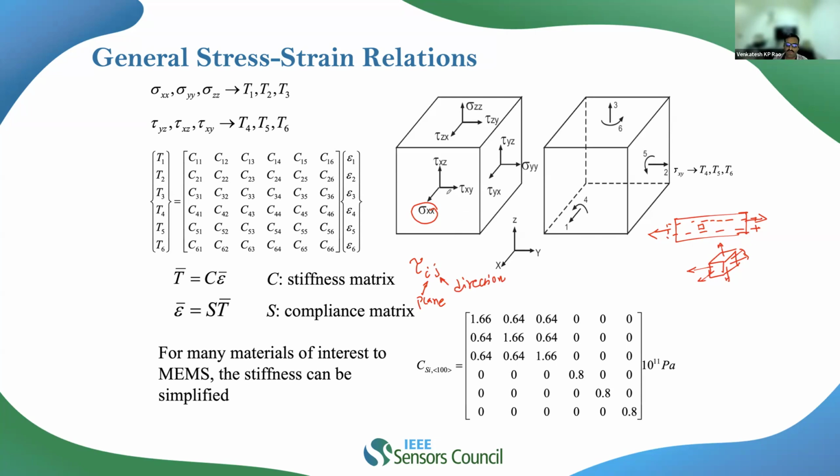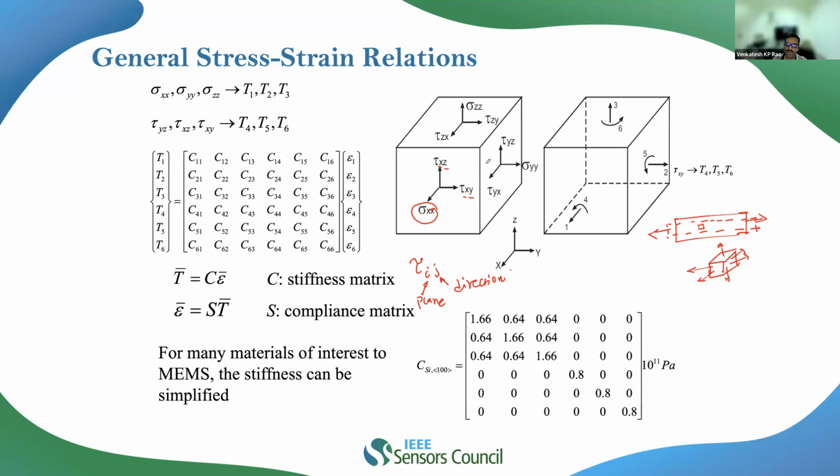For example, if you look at this here, this is my x plane, since the normal to this plane is the x direction, right? So this is my x plane under consideration. Tau on the x plane in the y direction is given by tau xy. Similarly, tau on the x plane in the z direction is given by tau xz, right?